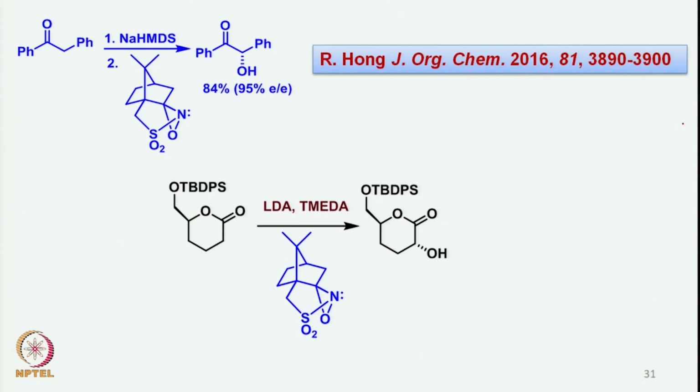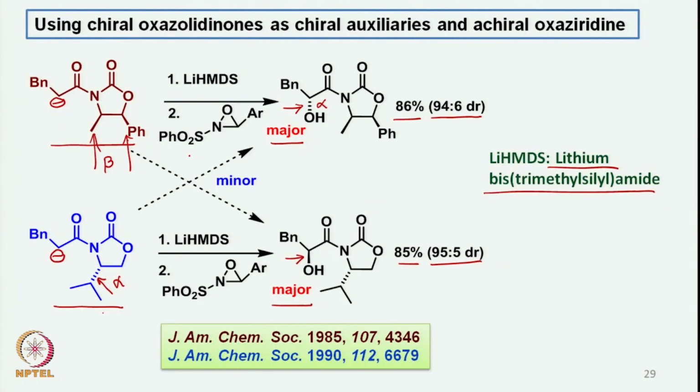Now we can also see that this type of camphor based oxaziridines can be utilized. That means before the introduction of the camphor based oxaziridine, I had discussed the enolates to be formed from chiral auxiliary based molecules.